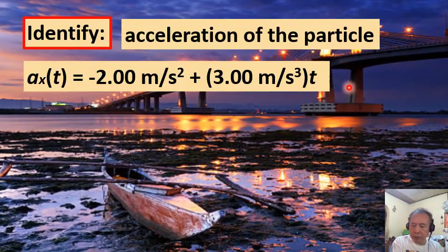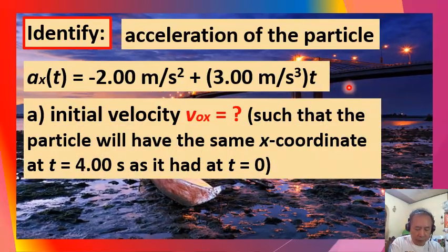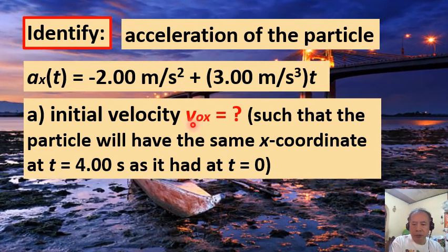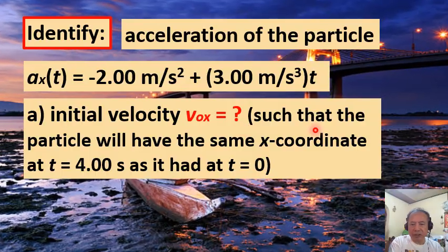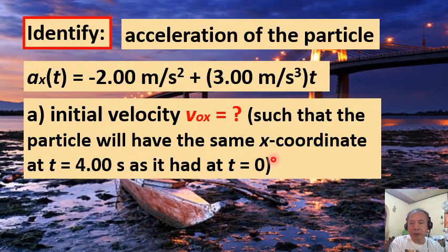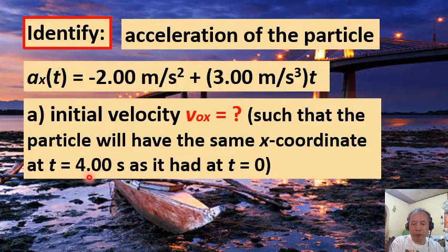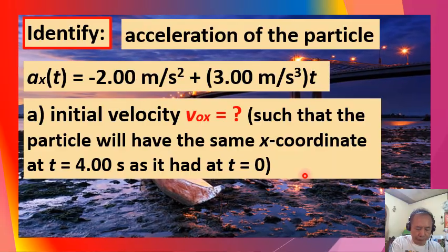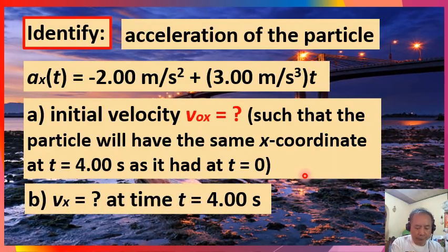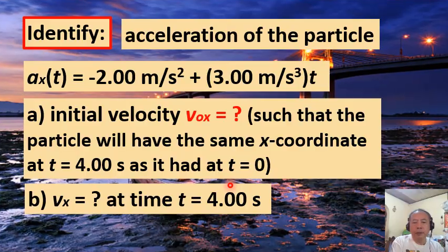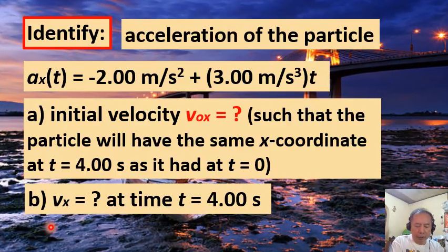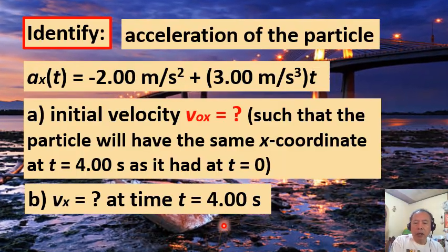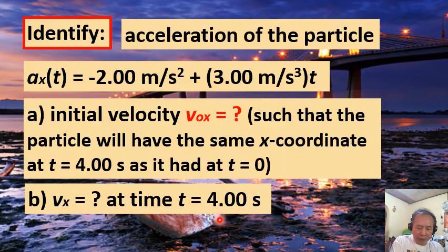Our target variables: in part A, the initial velocity v_0x such that the particle will have the same coordinate at time equals 4.00 seconds as it had at time equals 0. And in part B, the instantaneous velocity v_x at time t equals 4.00 seconds.